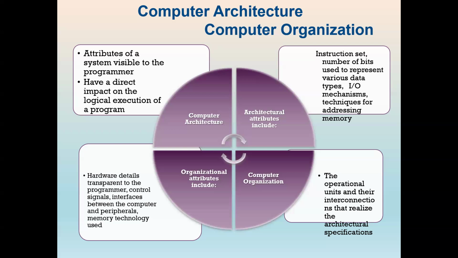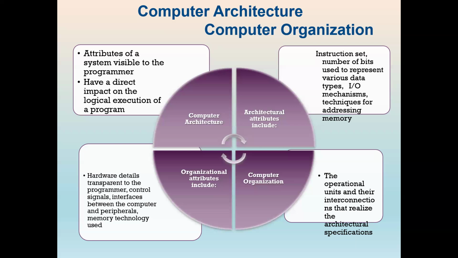Organizational attributes include those hardware details transparent to the programmer, such as the control signals, interfaces between the computer and peripherals, and the memory technology used.